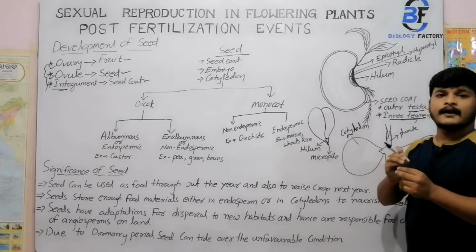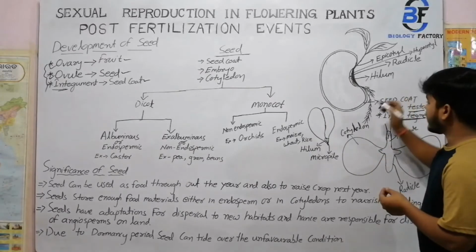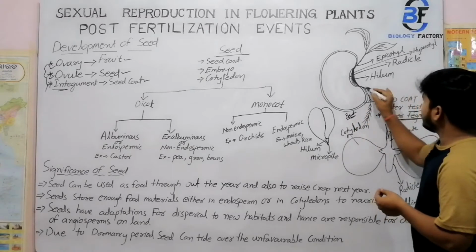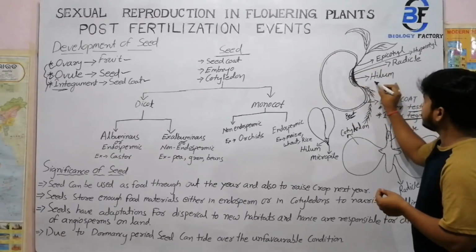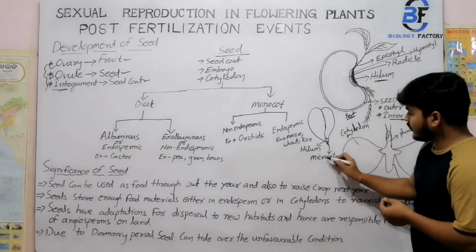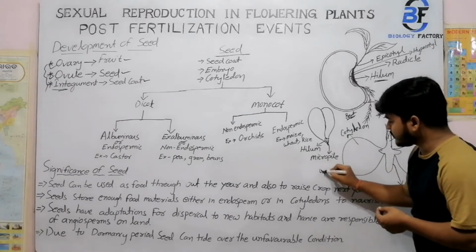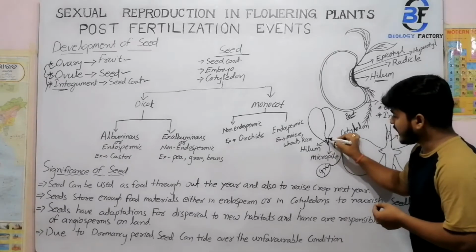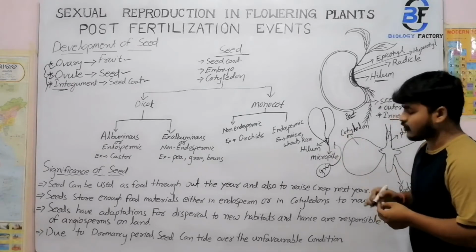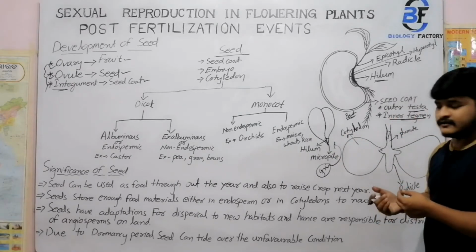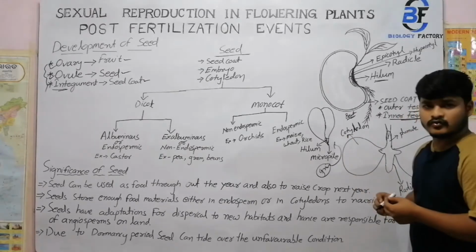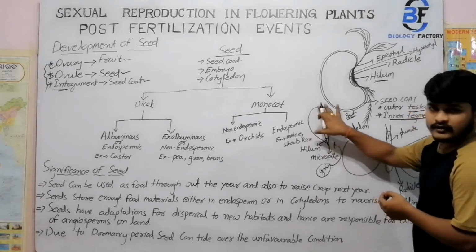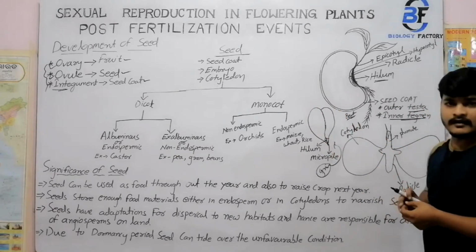If this is your bean seed, the hilum is in the middle part. If we talk about this gram seed, the hilum is here, and next to the hilum the micropyle is there. The testa and the tegmen are also there. This is the structure of your gram seed.